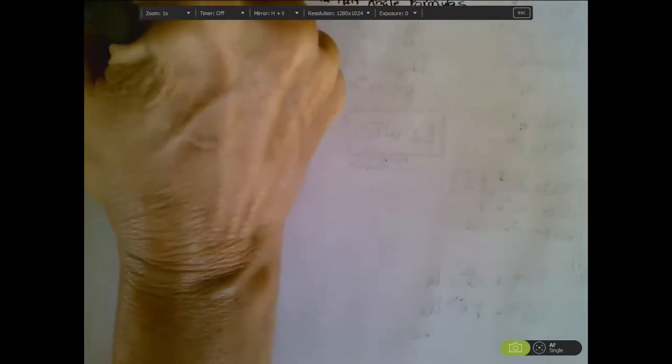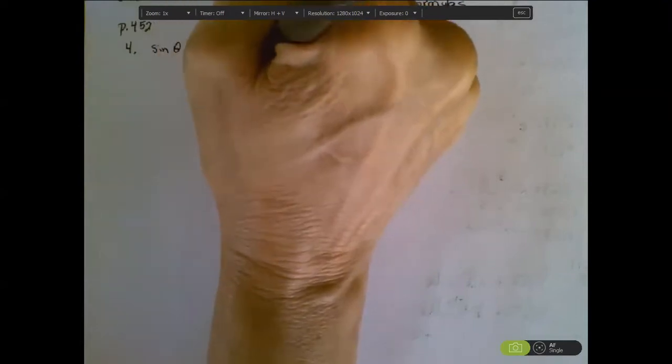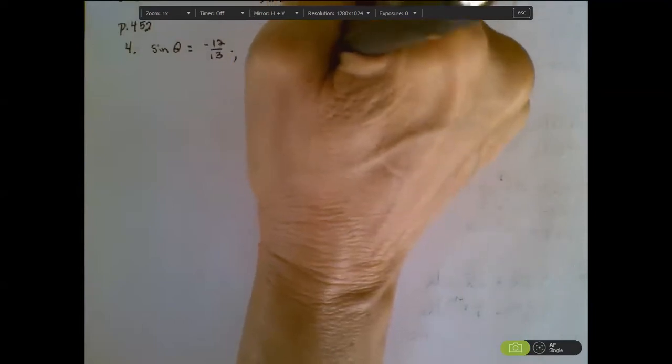All that we know is that sine of theta is negative 12/13, and we're given that theta is between 270 degrees and 360 degrees.